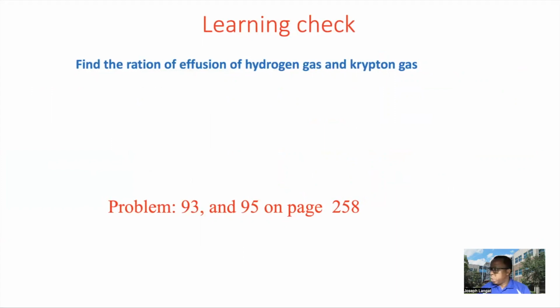So the ratio, rate of hydrogen gas over rate of krypton gas, is given by the square root of molar mass of krypton, Kr, over molar mass of, is it helium? It's hydrogen. Yes, hydrogen, H2. Remember, it's diatomic. So what we need to do here is look at the periodic table.